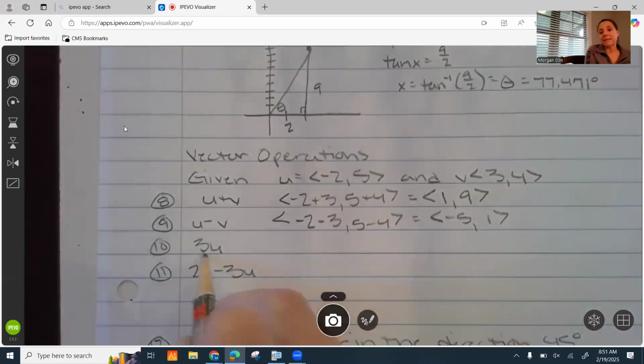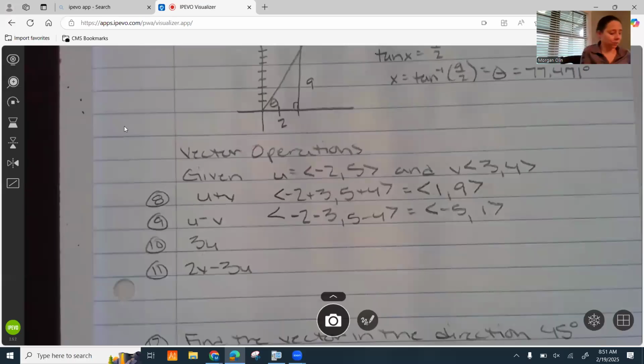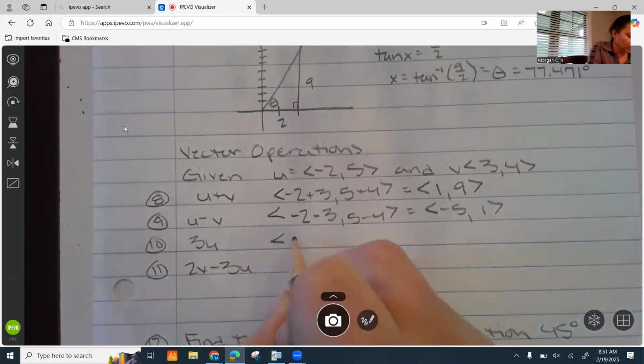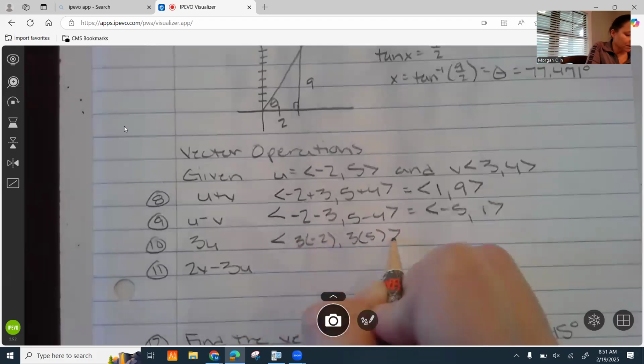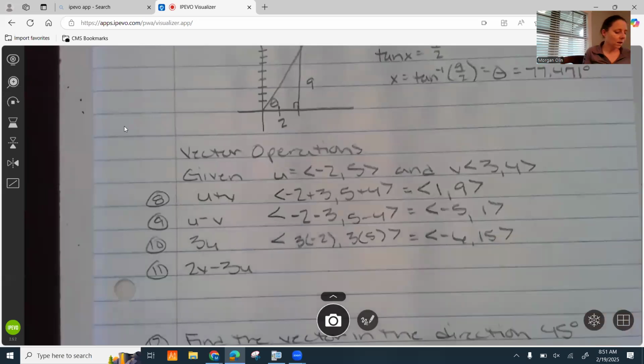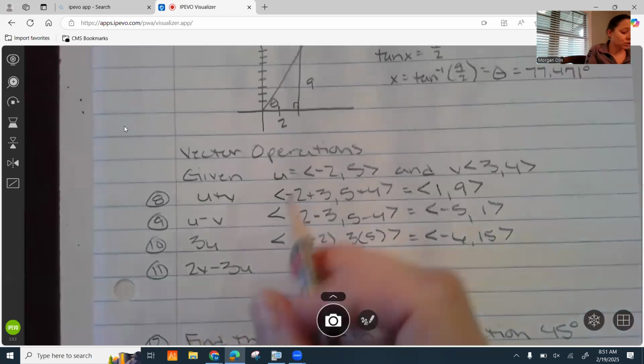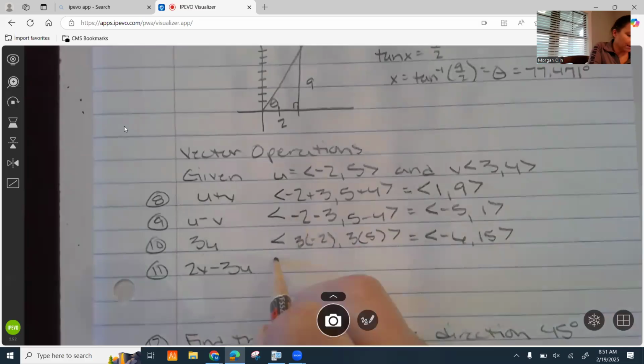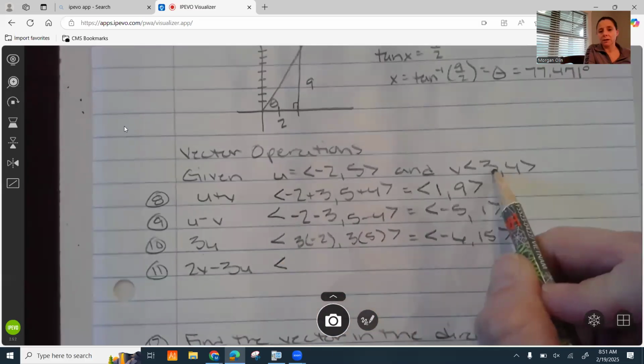Now here we have a scalar. You can multiply a scalar in. So 3 times -2 and 3 times 5. That's going to be -6, 15. And then here we can just do a combination of all of that. 2 times, and I'm just going to go ahead and do 2 times this in my head.